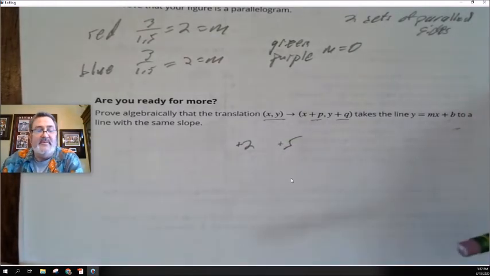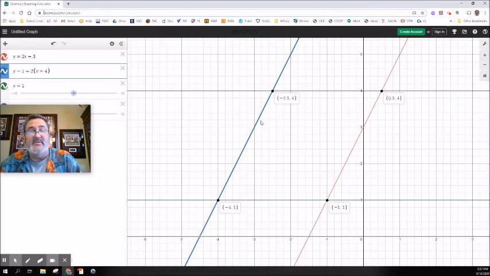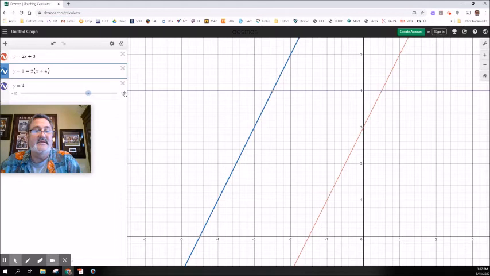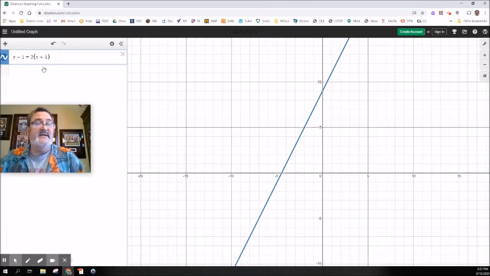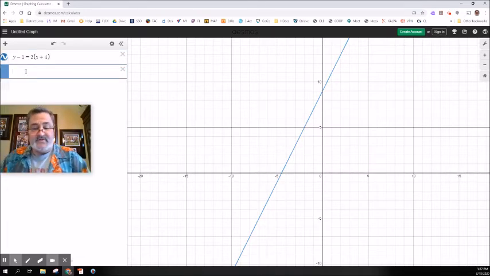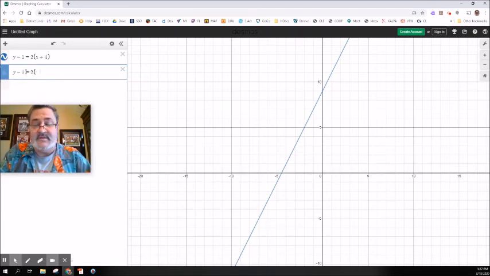Well, what we saw with our graphing just a moment ago is if we just add to a line, let's delete these and just have this one right here. All right. If we take the same equation, first off, y minus 1 equals 2 times x plus 4.